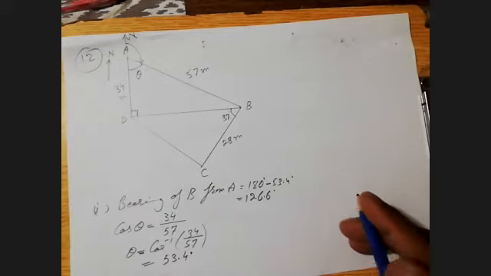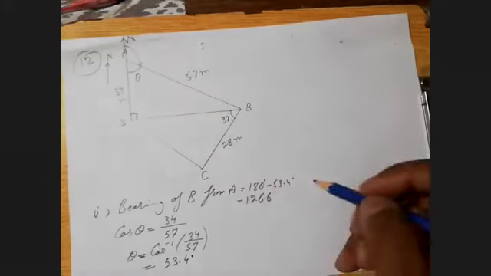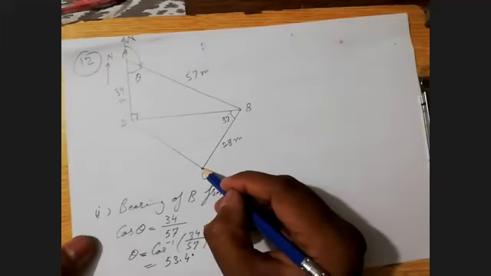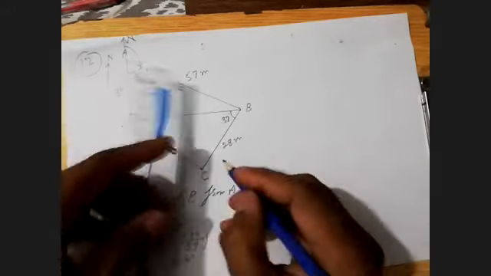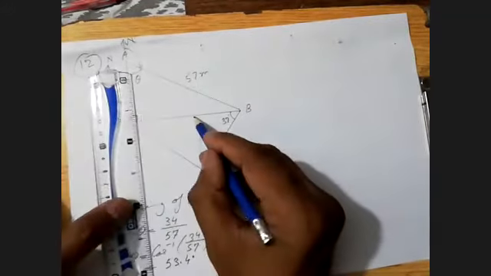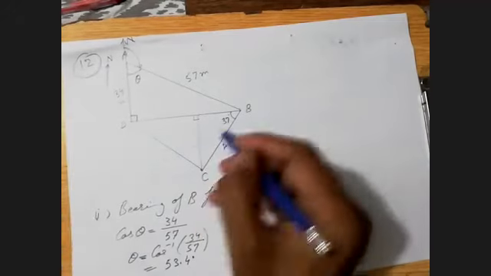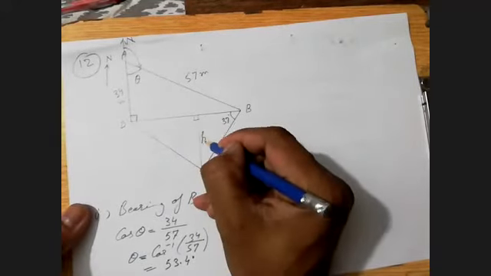The next part is the shortest distance from C to BD. As you know, the shortest distance from a given point is always the perpendicular. So this is the perpendicular distance, the shortest distance, because this distance is required. I am calling this distance h.